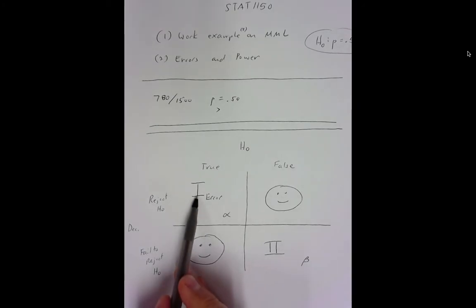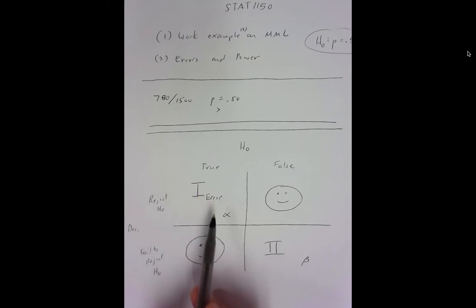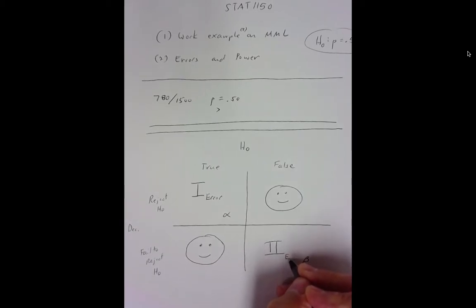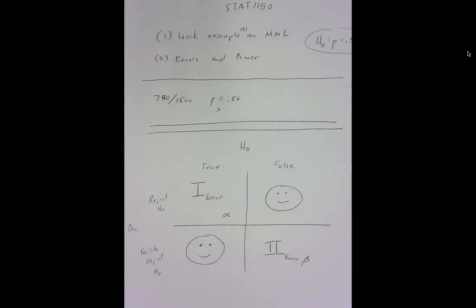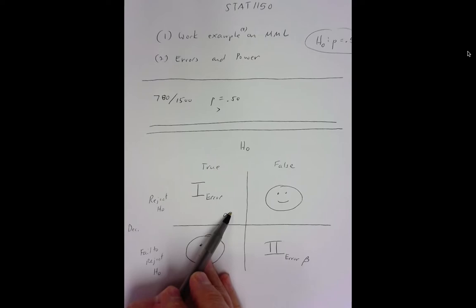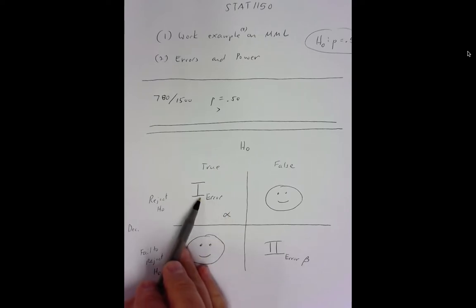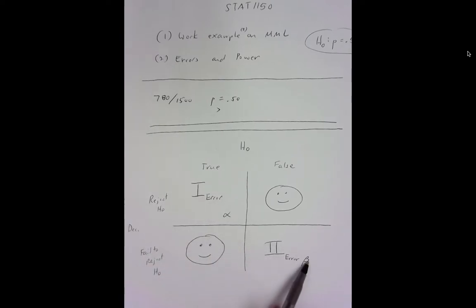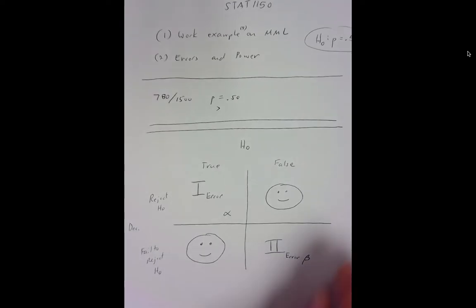And it turns out that is precisely what we call a type 1 error. Down here is what we call a type 2 error. I put alpha in this box because alpha, the level of significance that we set in every test of hypothesis, is the probability of committing a type 1 error. Beta is the probability of committing a type 2 error.